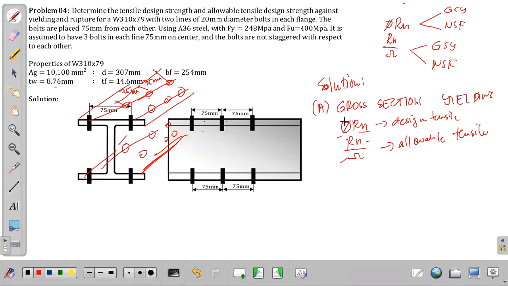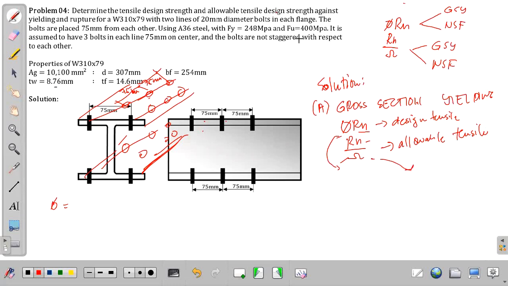So what would be our phi for the gross section yielding? Anong value natin ng phi dito for the gross section yielding?